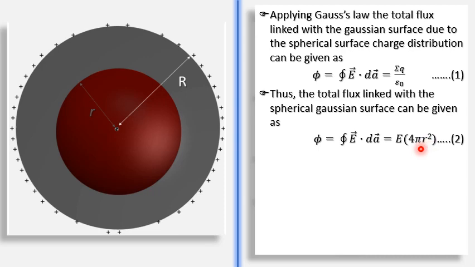Why small r? Small r because you are talking about the Gaussian surface. Don't get confused. This is a very vulnerable point. You are likely to make a blunder here, so be very careful. On the left side, it is the Gaussian surface you are talking about, so consider the dimensions of the Gaussian surface. Here the radius of the Gaussian surface is small r, so the area should be 4 pi small r square.